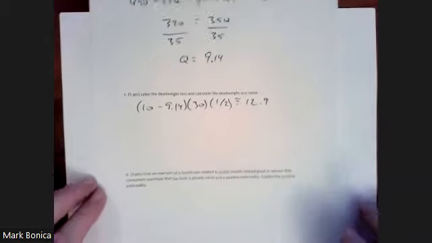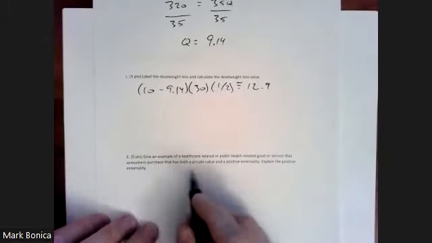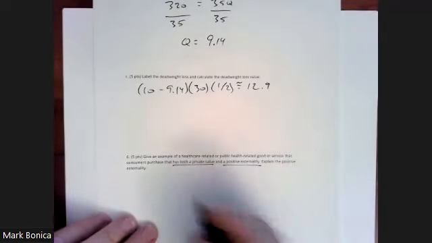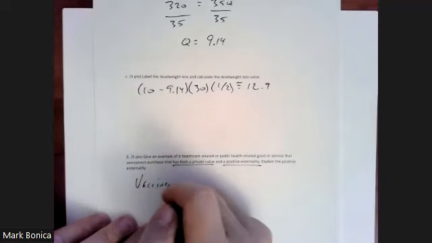All right, then give an example of a healthcare related or public health related good or service that consumers purchase that has both private value and positive externality. The easiest one is vaccines, right?